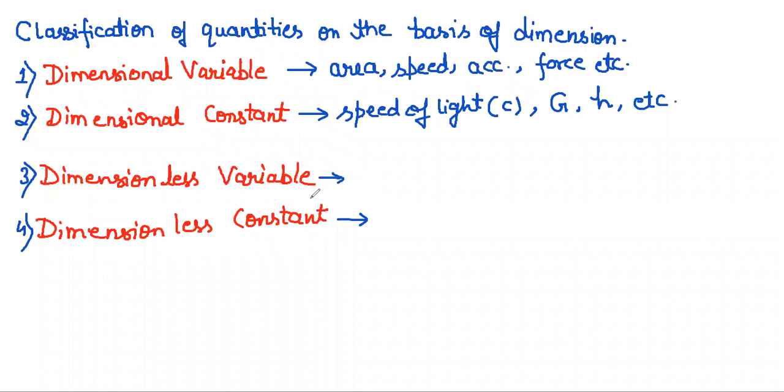So any quantity which is a ratio of two same type of quantities will be dimensionless. And here the dimensionless variables are relative density, strain. Strain is also a type of length upon length, or area upon area, volume upon volume. So this is also dimensionless.